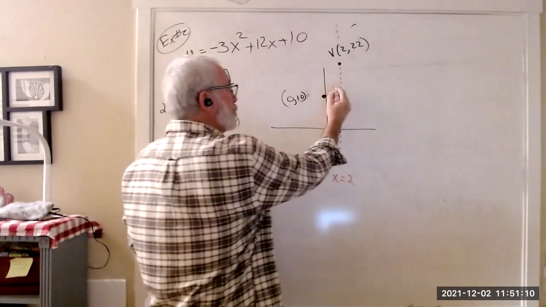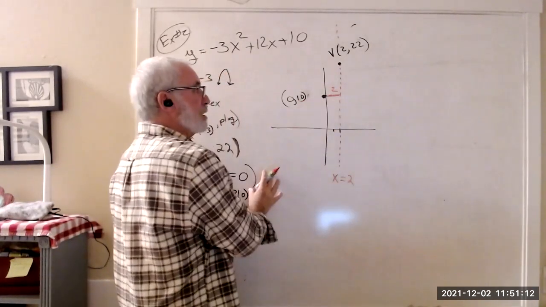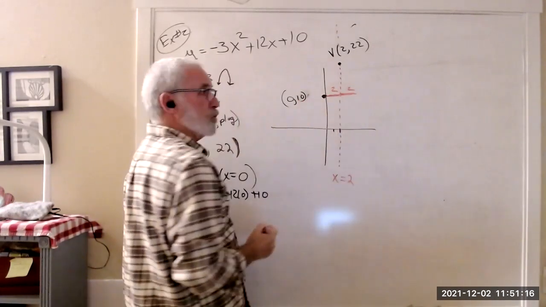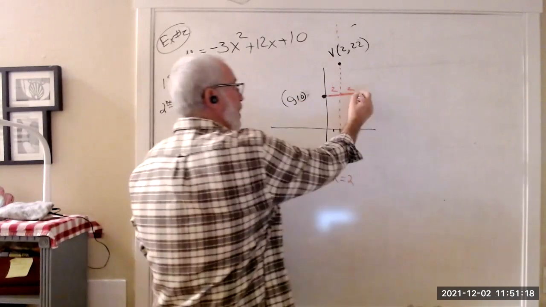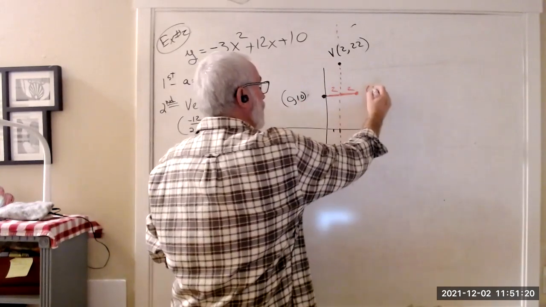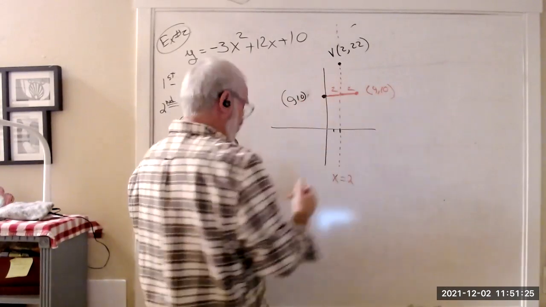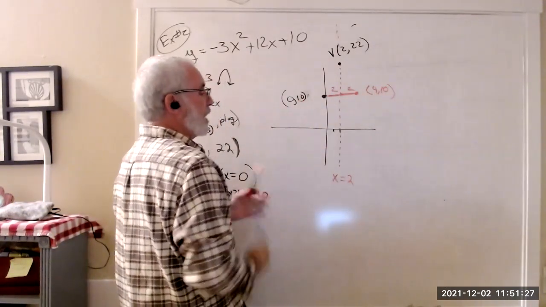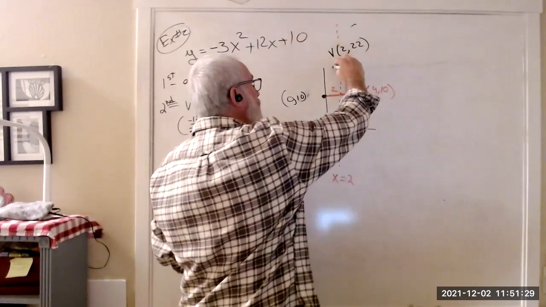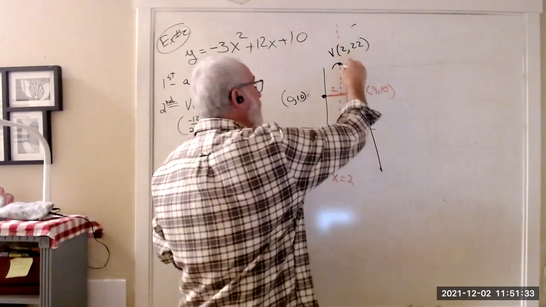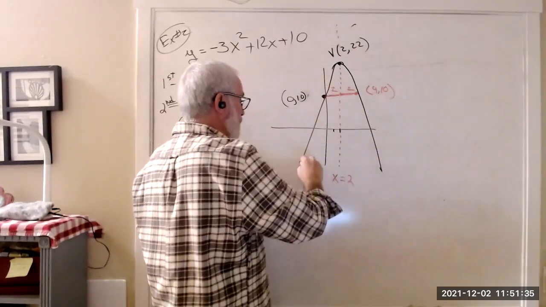It was 2 units away. So its reflection over here should also be 2 units. So this point over here is 4, 10. I went over 2 and over 2 more. So now I can sketch this. It looks like this. Goes through here, goes down, goes through here, goes down.